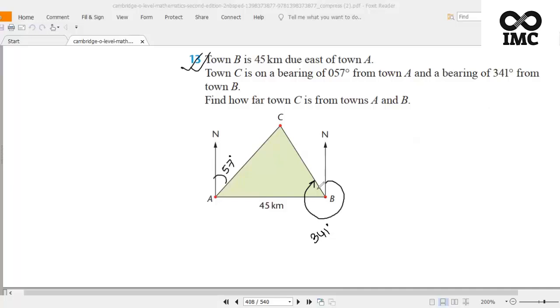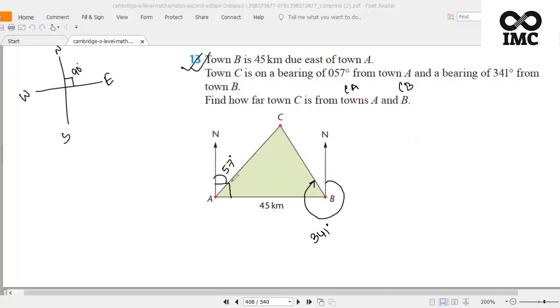Now the question says find how far town C is from town A and town B. That means C from A will be CA, and C from B will be CB. So we need to find this. Here, if I draw this direction, using the idea of NEWS, we can say it will be 90 degrees.